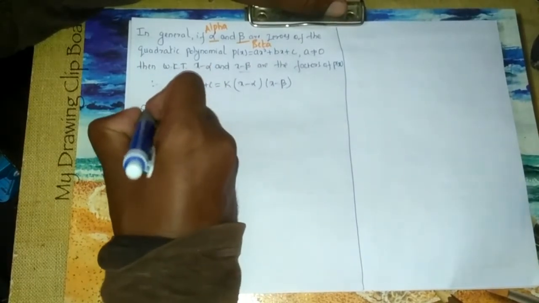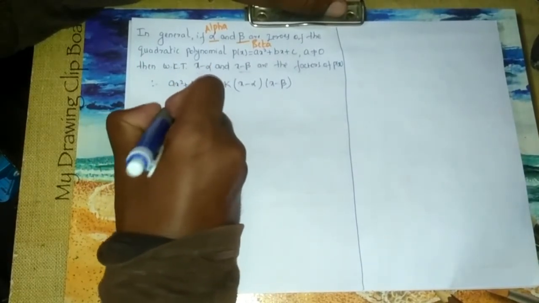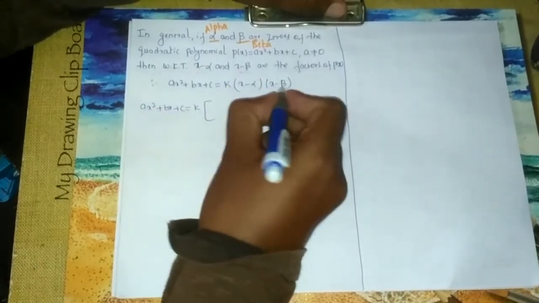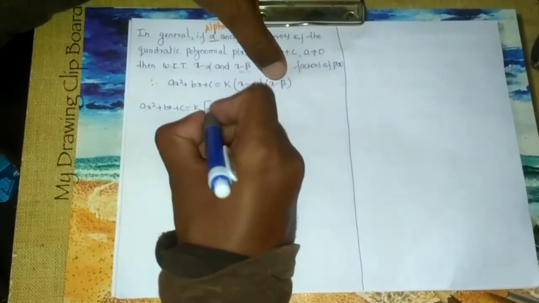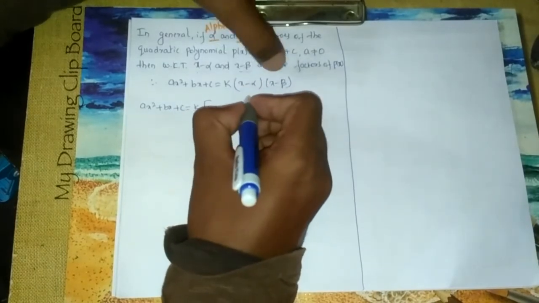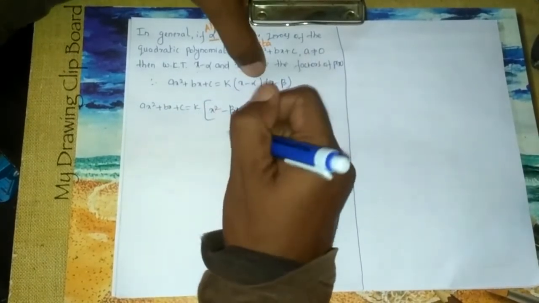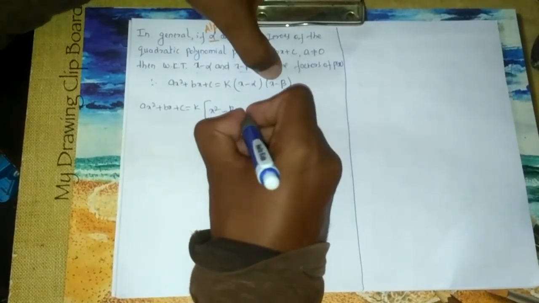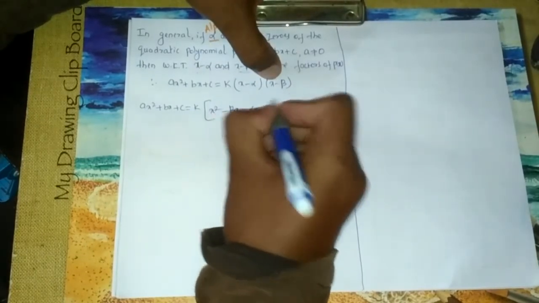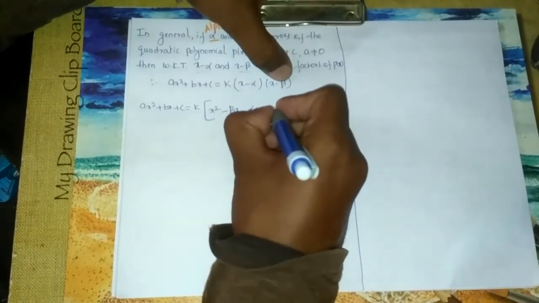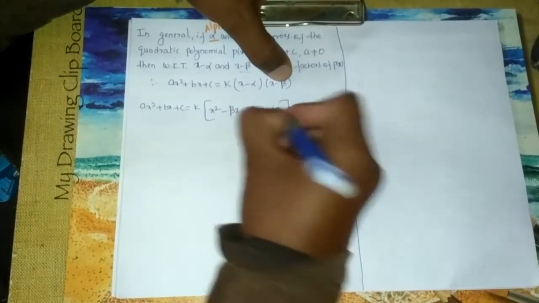Let me expand it by opening the bracket. k into the bracket: x into x will be x square, x into minus beta will be minus beta x, minus alpha into x will be minus alpha x, minus into minus will be plus alpha beta.